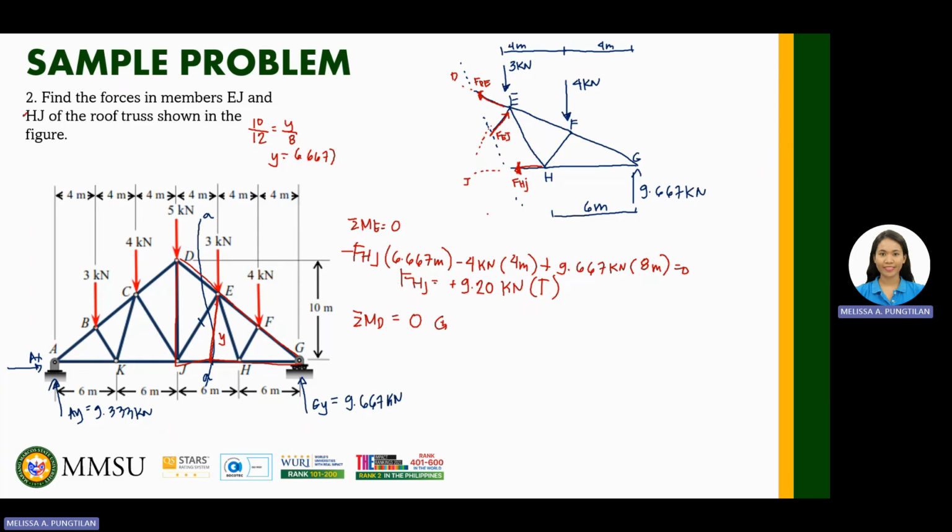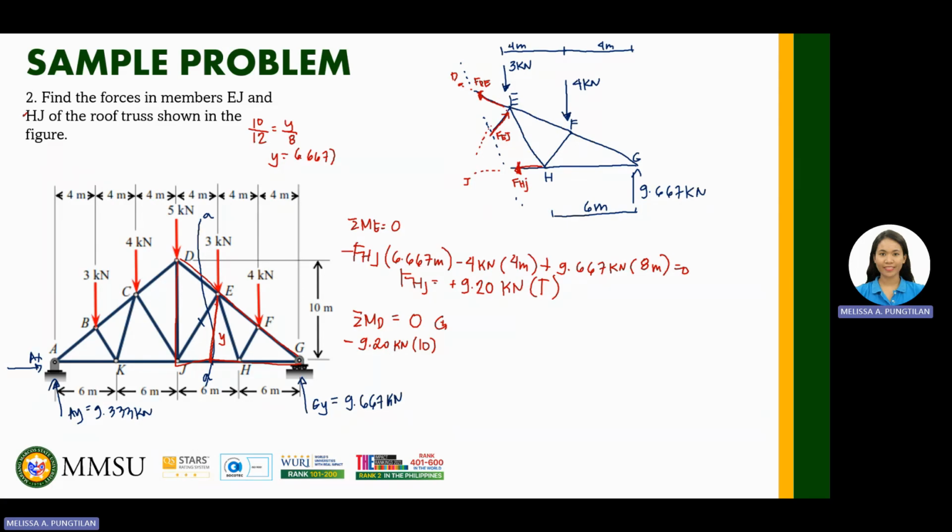So, walang problema if we take the summation of moment at point D. Okay. So, game. So, unahin natin si FHJ. And FHJ is 9.2 kilonewton. Okay. Nagmo-moment tayo dito sa point D. And then, the moment arm is equal to 10 meters. And it will create clockwise moment. So, minus. Okay, next.